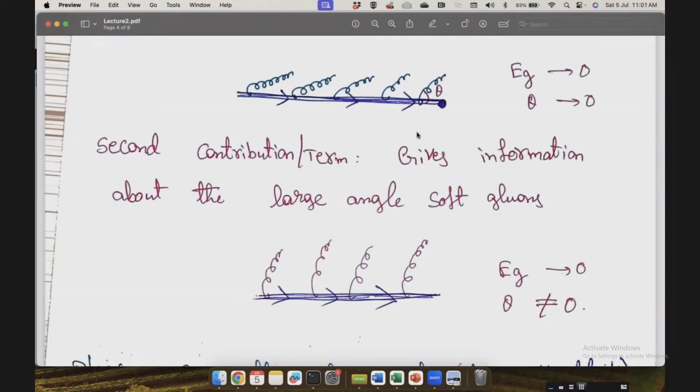Suppose there is a quark line and an anti-quark line, and imagine there is a loop connecting the quark line to the anti-quark line. After this loop, a gluon has been exchanged. Then a soft gluon has been emitted. You understand this?